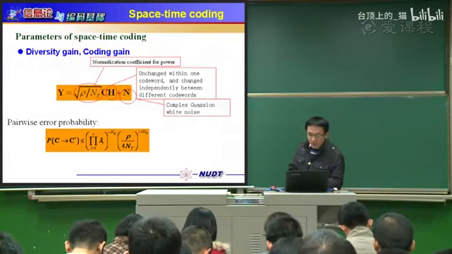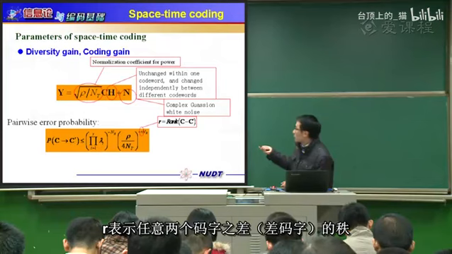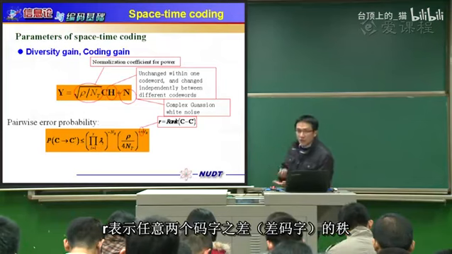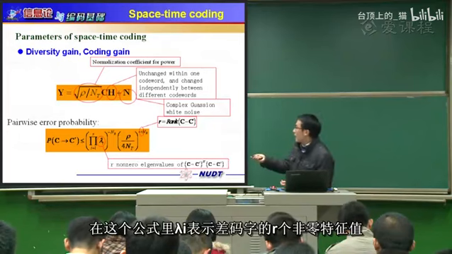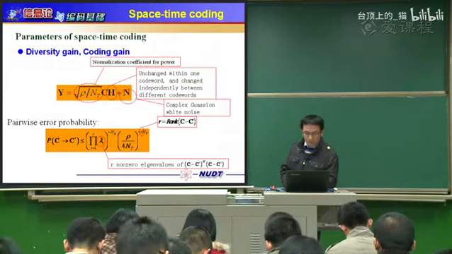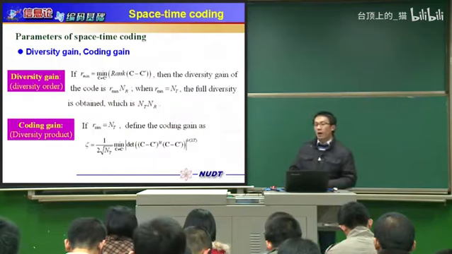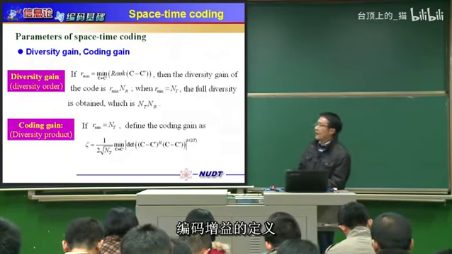See, in this expression, R is the rank of the difference of any 2 unequal code words, and lambda i are the R non-zero eigenvalues of this expression. Then we can give the definition for the diversity gain and the coding gain.